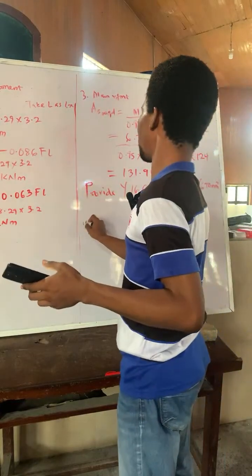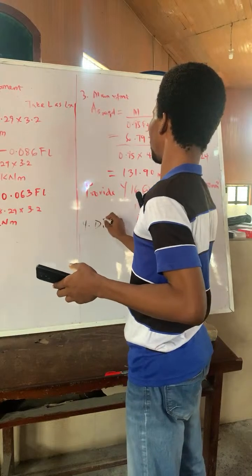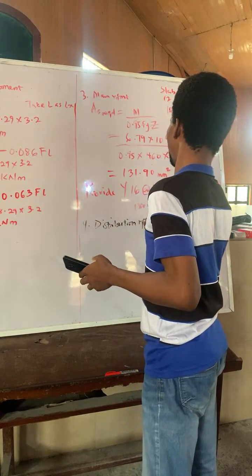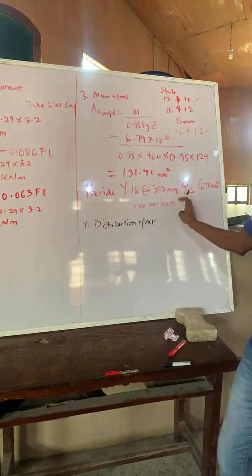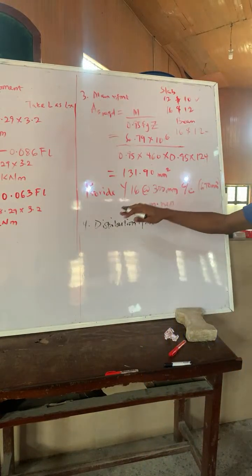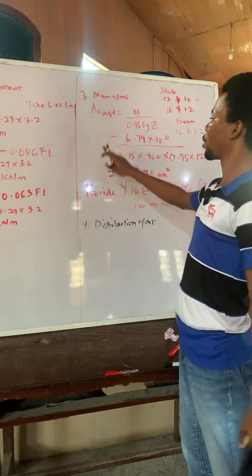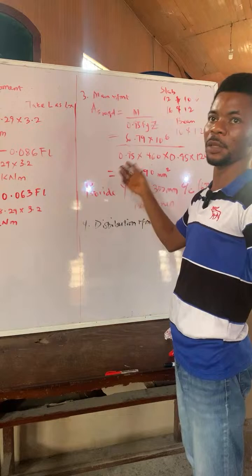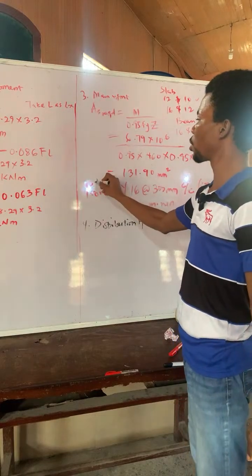So for our distribution reinforcement, please always add your per meter run. This is the provision, the As provided. This is also As provided.